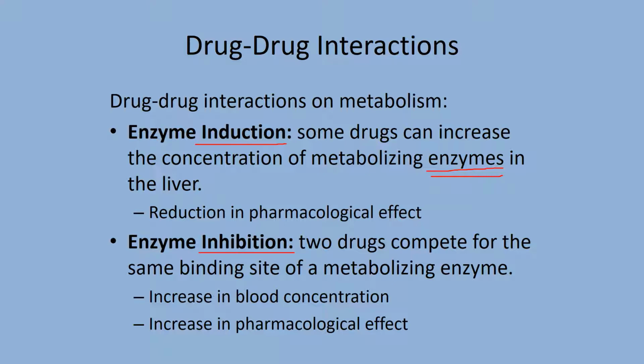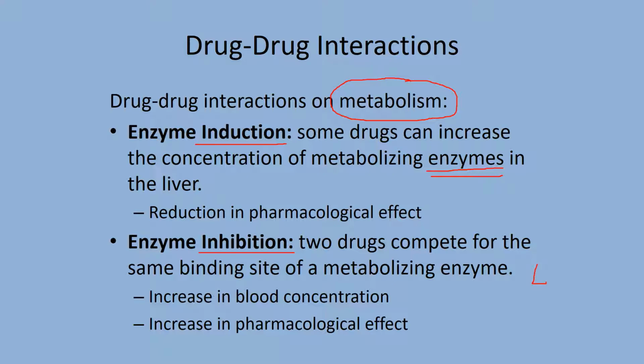Enzyme inhibition. This is very similar to protein binding in the blood that affects distribution. However, since this is affecting metabolism, this is going to occur in the liver.